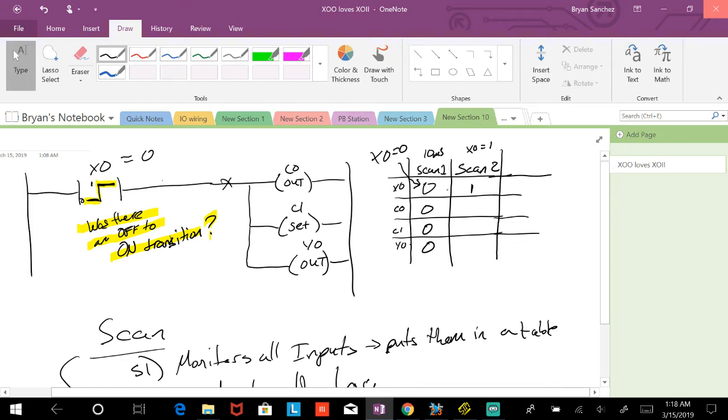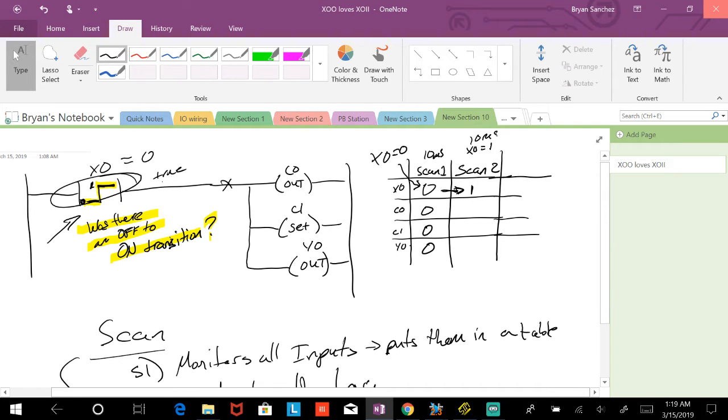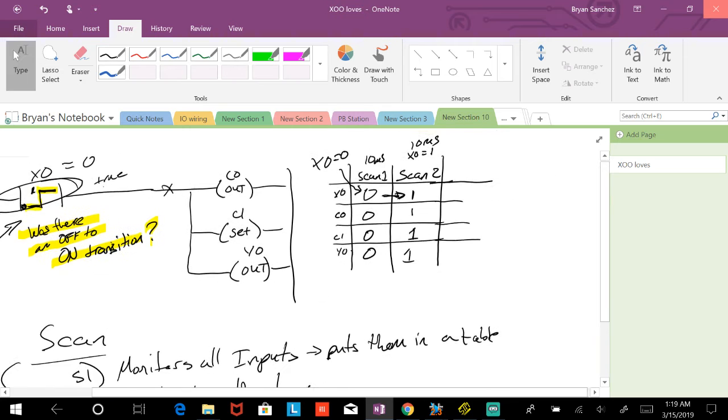So it went from 0 to 1, on the table and on the contact. So this right here became true during scan time 2. So during a 10 millisecond scan, C0 turned on. C1, I'm going to force a 1 there permanently until I reset it. And Y0 turned to 1.